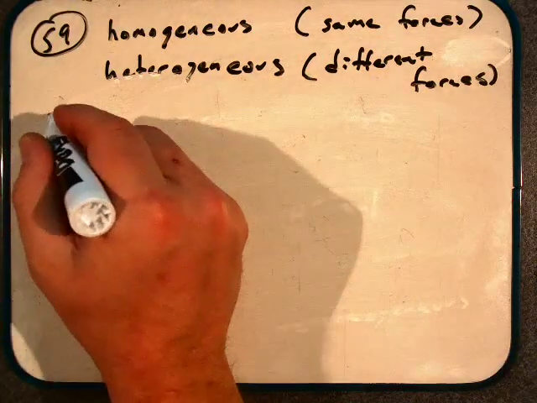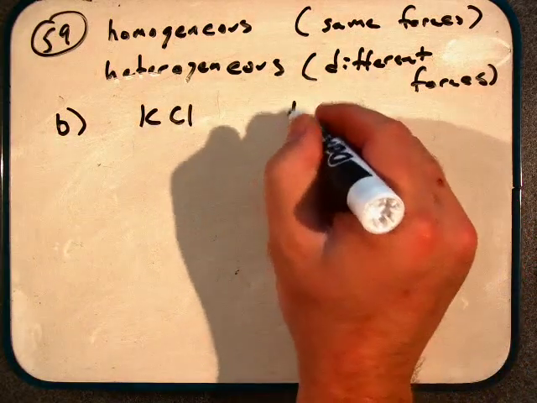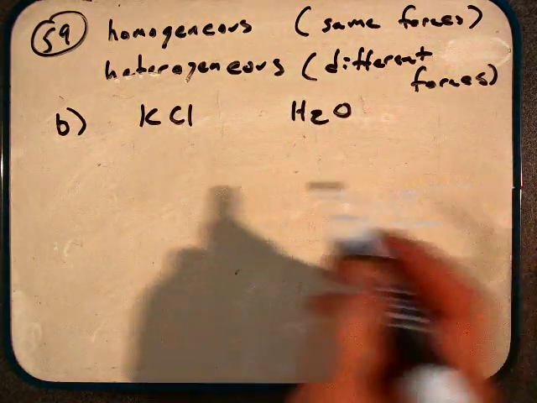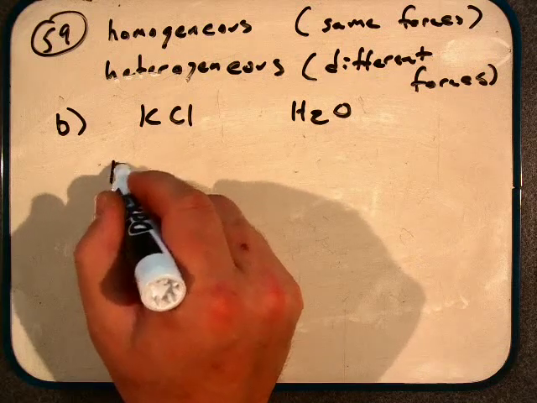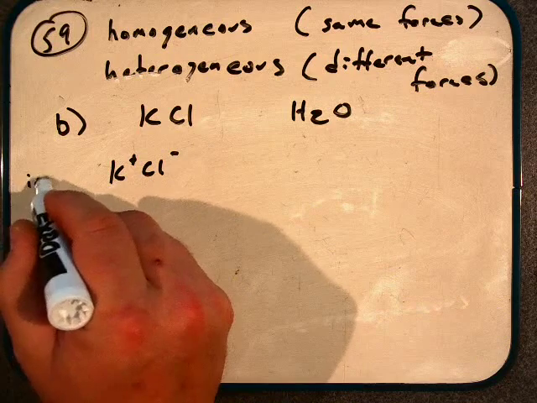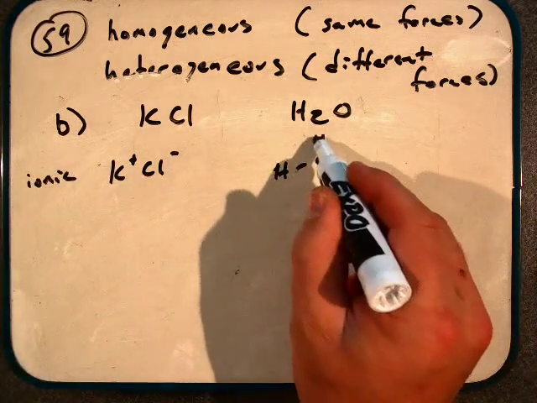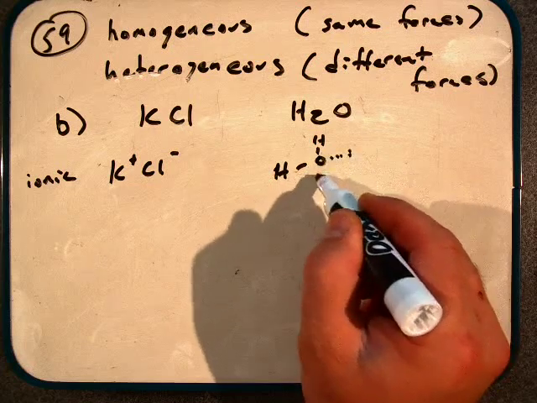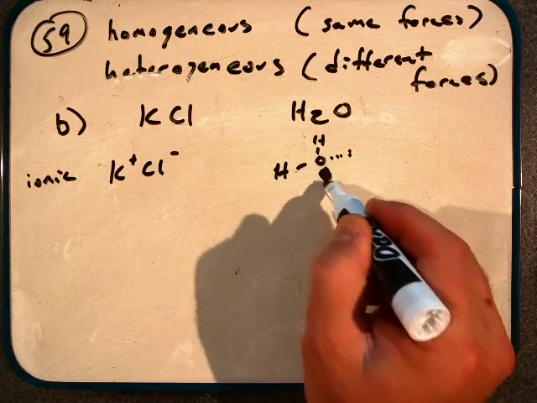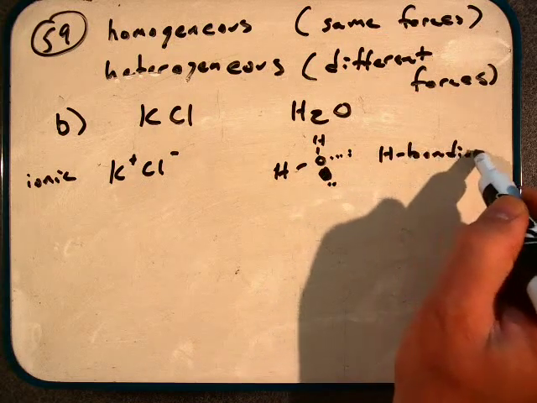Part B looks at potassium chloride and H2O, and if we analyze their forces, we have potassium chloride, which would be ionic. We have H2O, which again, hopefully we know is a great example of hydrogen bonding.